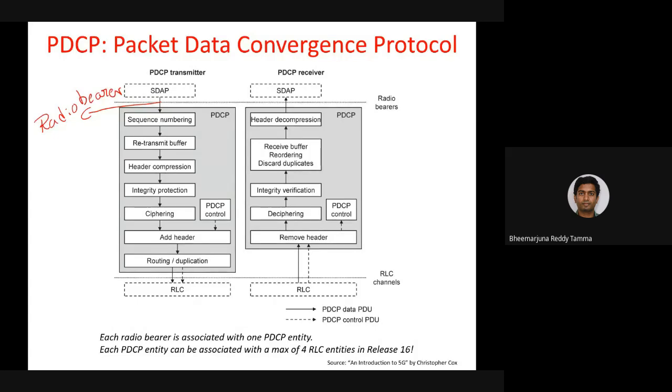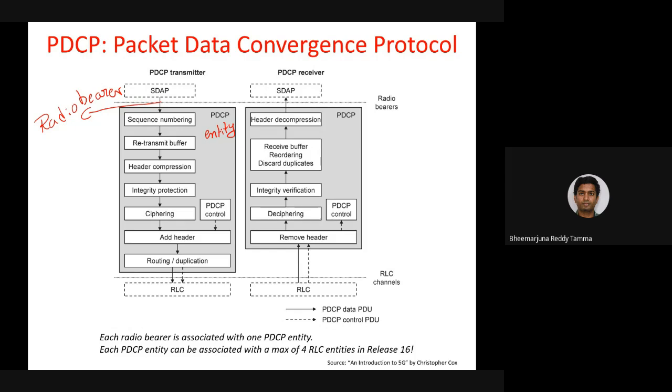You can assume that this is one PDCP entity. So you need to have one PDCP entity for each radio bearer that is set up. This example is the case where I have an SDAP entity from which I am getting one radio bearer. So we are mapping that radio bearer to one PDCP entity at the layer below SDAP.